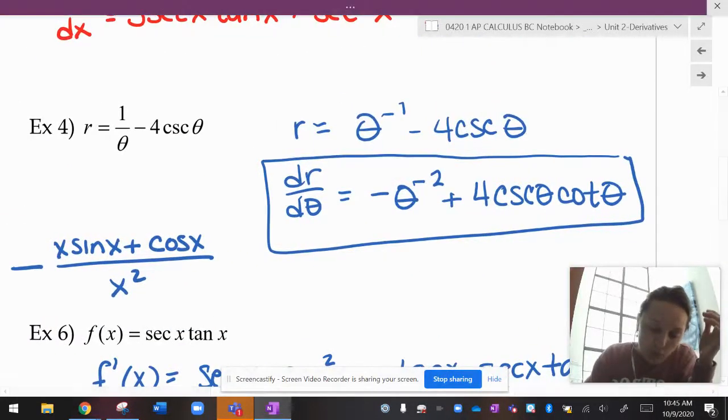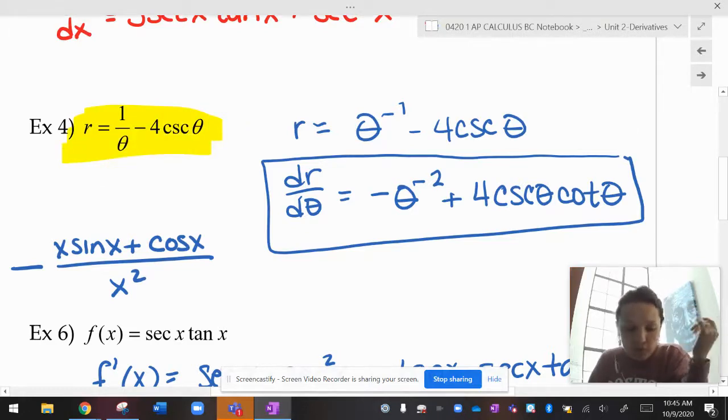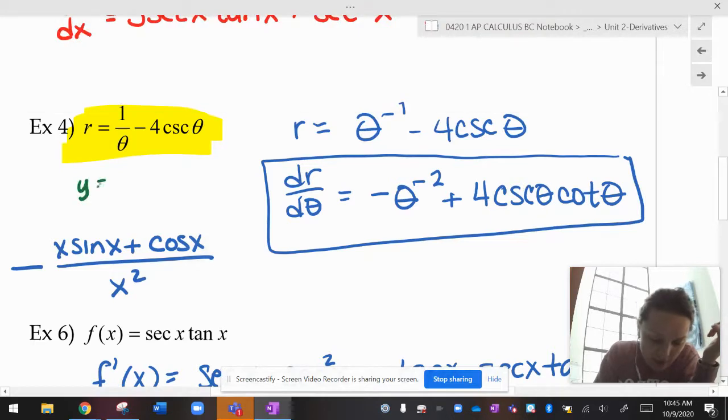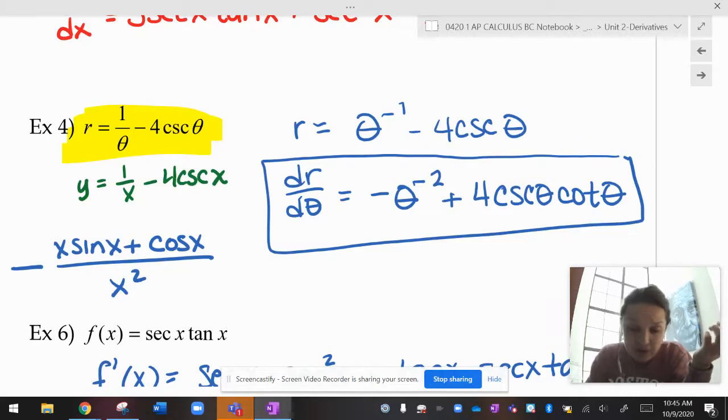On number 4, one of the things you have to realize here is I can use whatever variables I want. r equals 1 over theta minus 4 cosecant theta is the same as y equals 1 over x minus 4 cosecant x. Same thing. Okay, so when I take the derivative, instead of dy/dx this time, it's dr/d theta. And so then I just thought, well, theta to the negative 1 minus 4 cosecant theta. The derivative of theta to the negative 1 is negative theta to the negative 2, power rule.